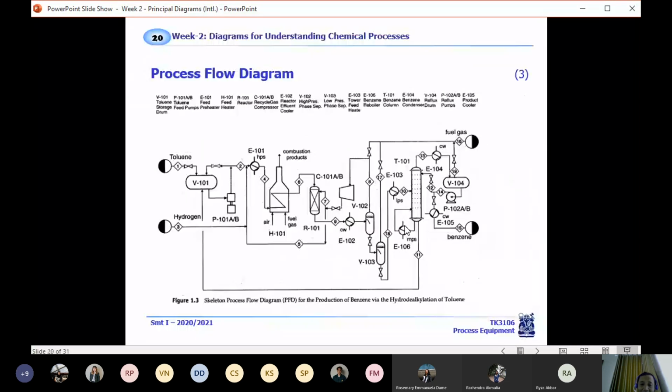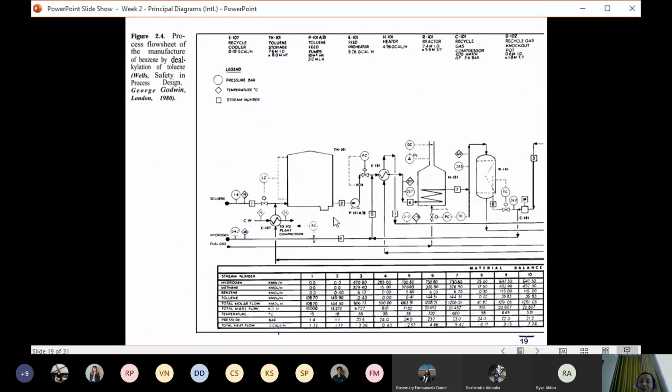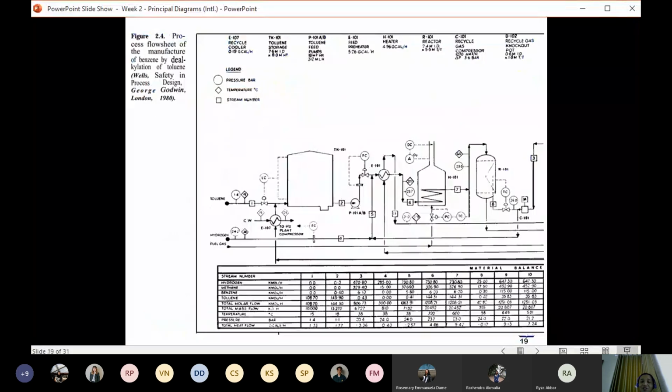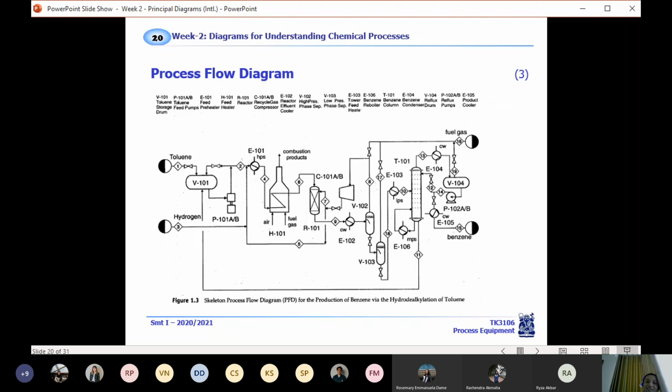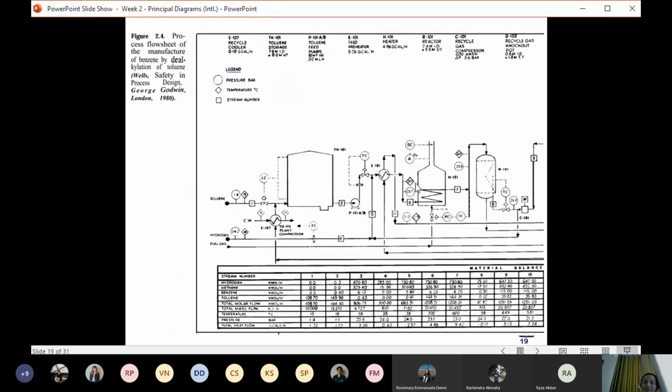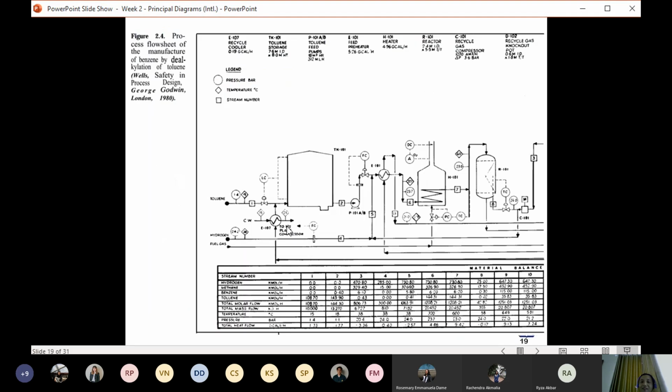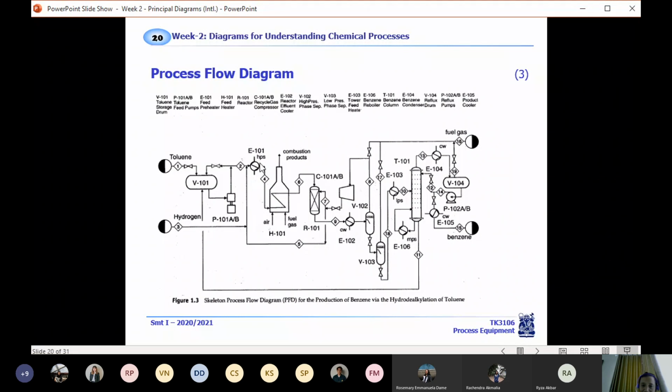So is it the same? Not exactly the same. Usually process engineers or drafters have their own style to draw, similar to you. But remember, the symbol of the fire heater, they will use the same. The symbol of the heat exchanger, in this case, the same.